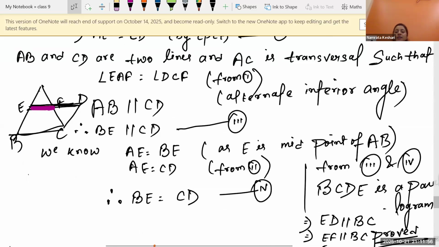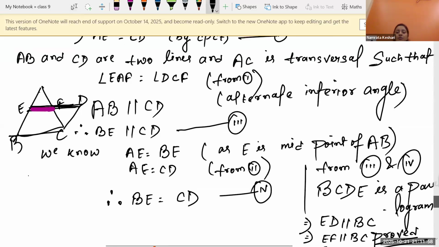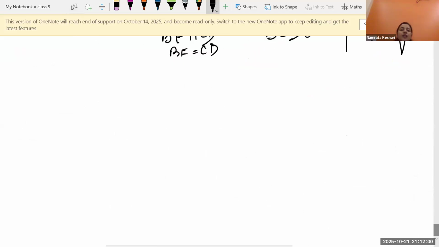As I said, we are discussing the midpoint theorem in today's class, and we will be discussing one more part, the converse of the midpoint theorem, because we need to use these two theorems for doing the proof.